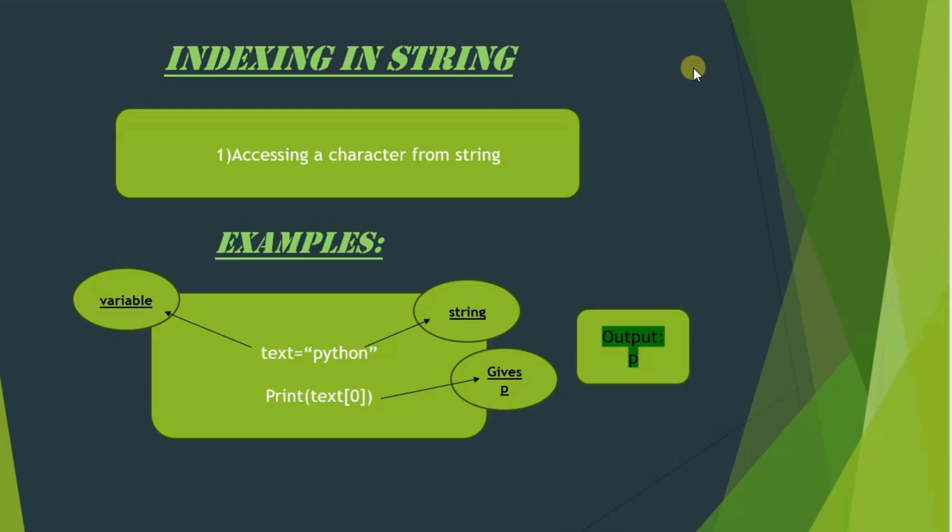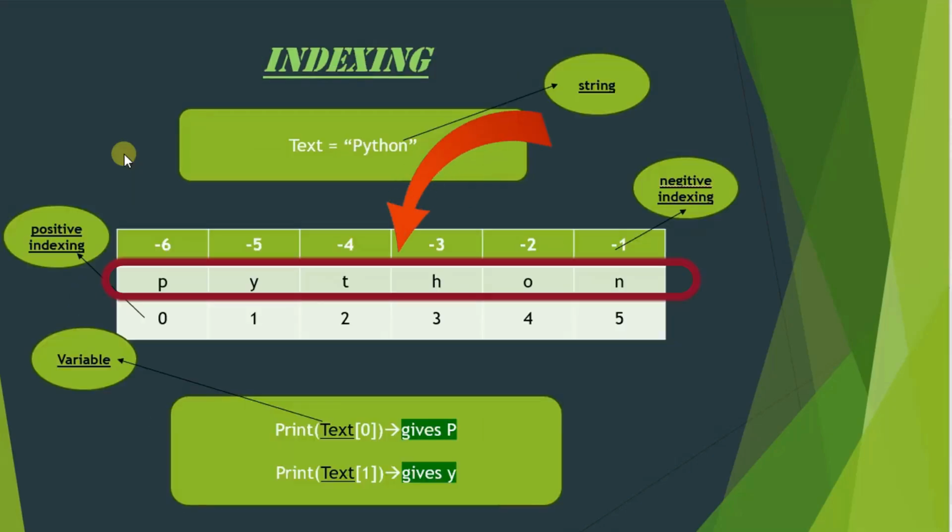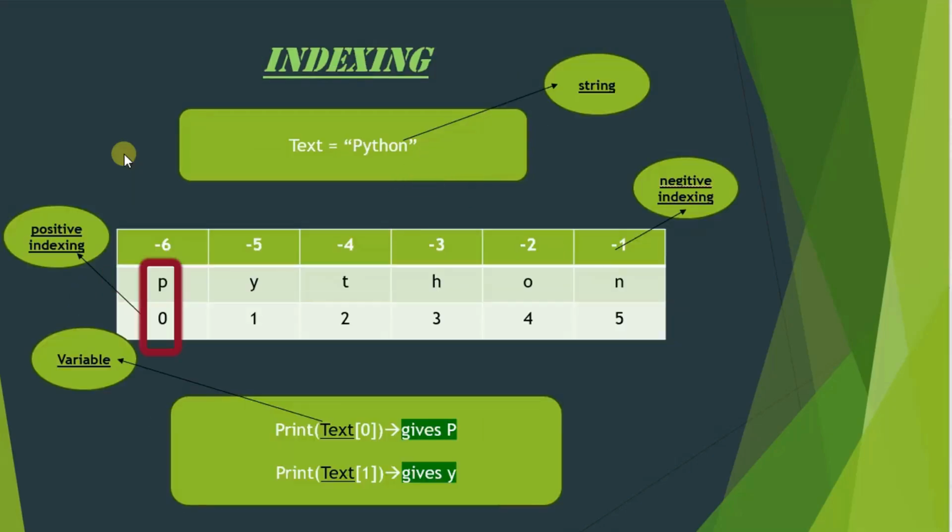For example, Python is a string that is stored in a variable text. If I want to access any character from this string, like I want to access P, then I will write text and then index 0. You can see here in Python, P is represented by 0, Y 1, T 2, H 3, O 4 and N 5.